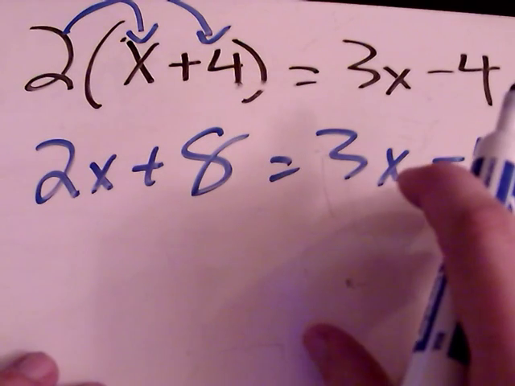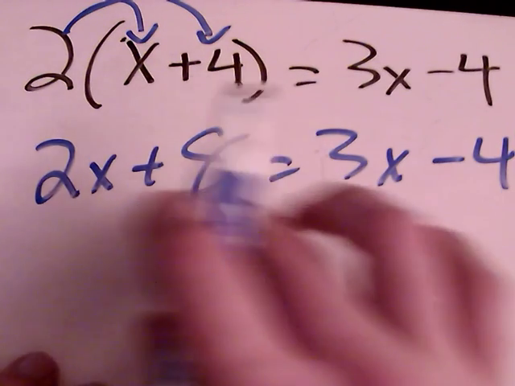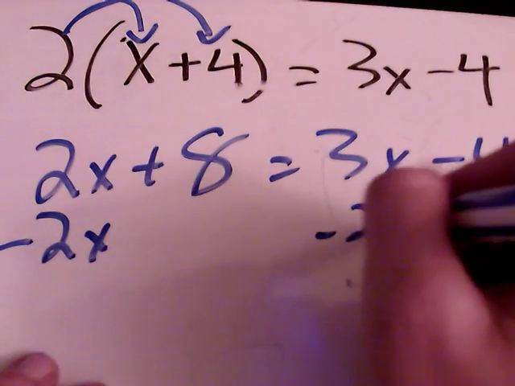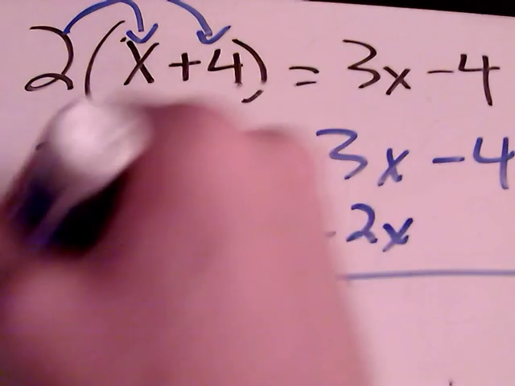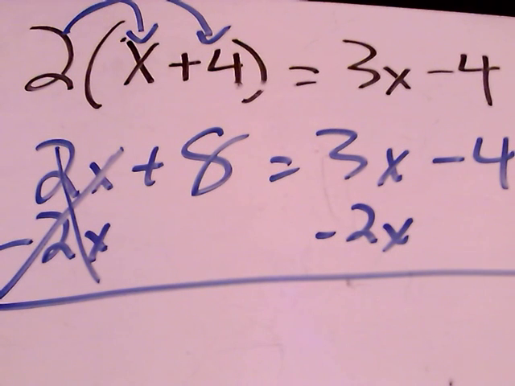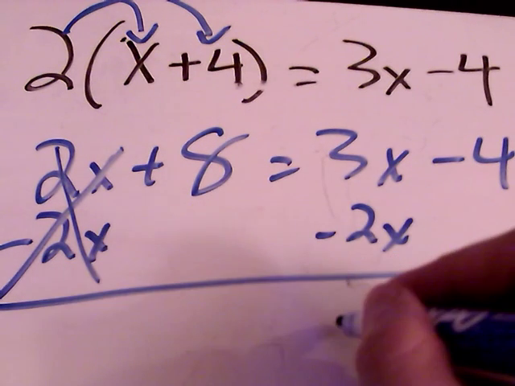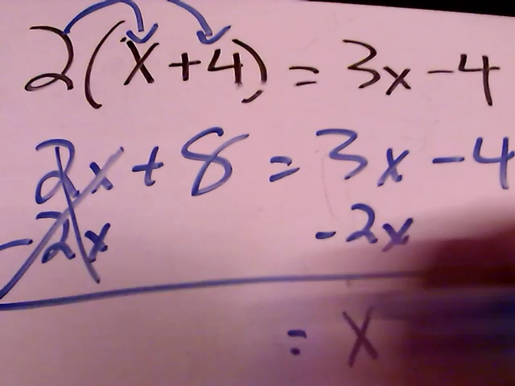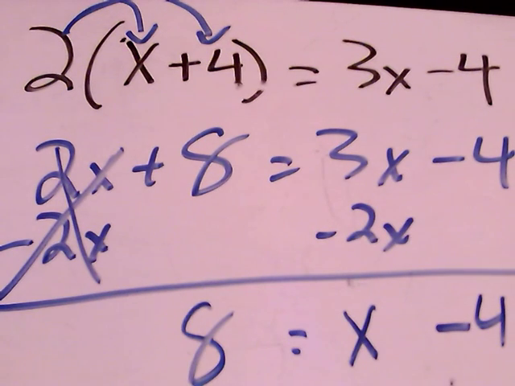Remember, we want all the x's on one side and all the numbers on the other. So what I'm going to do is subtract the 2x. This 2x cancels out, and then we get minus 3x minus 2, which gives me a lone x. All the numbers carry down because we didn't do anything with it.